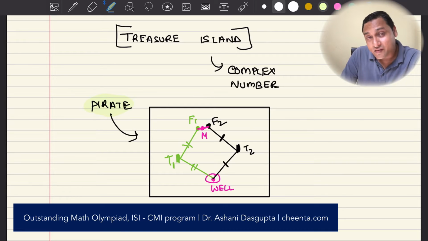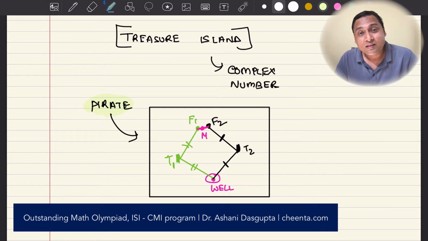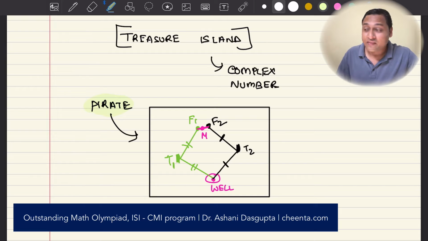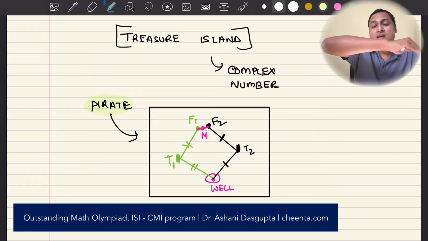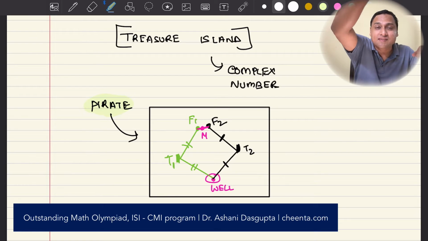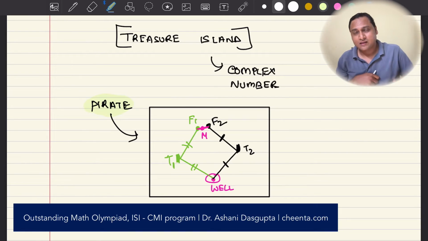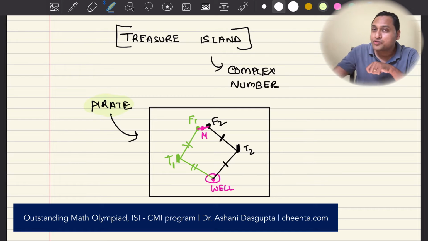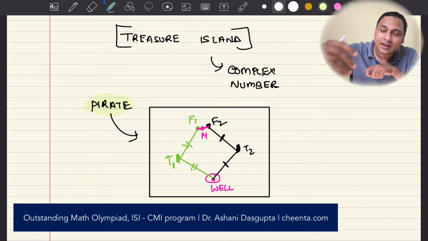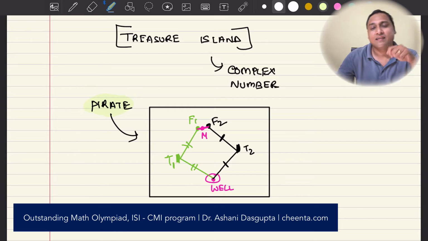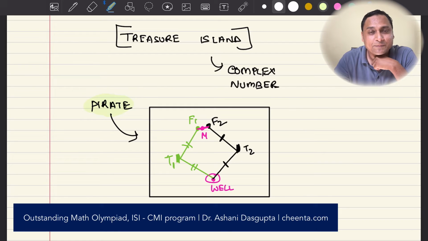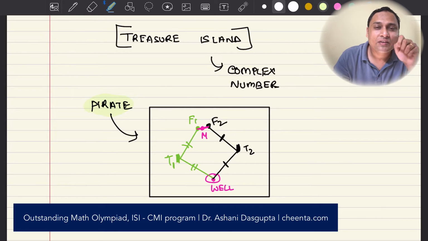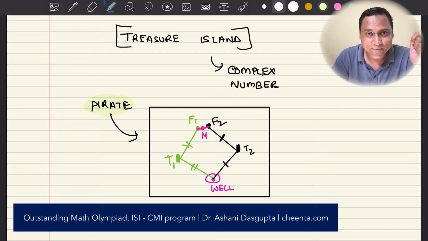He tells him that, okay, you go to that island, you will see there is a well and there are 2 trees. So you start from the well, you go to the tree 1, turn 90 degrees, then walk the same distance and place a flag. Come back to the well, go to tree 2, turn 90 degrees, place the flag after walking the same distance. And the treasure will be in the midpoint of the 2 flags.